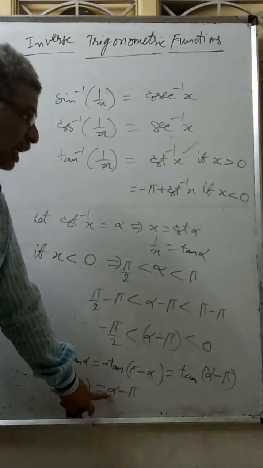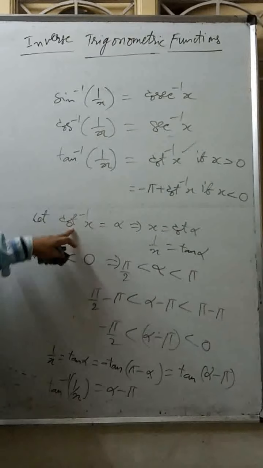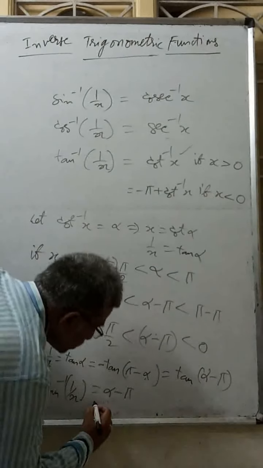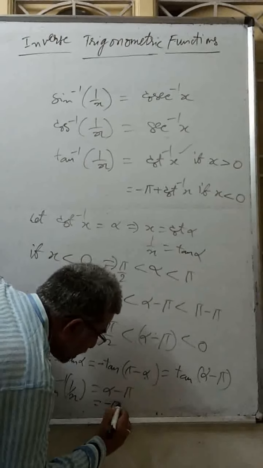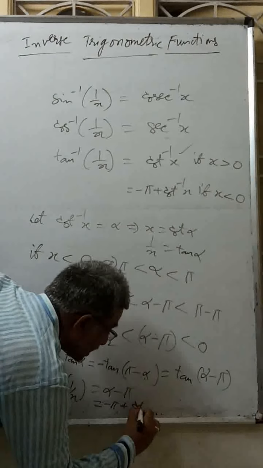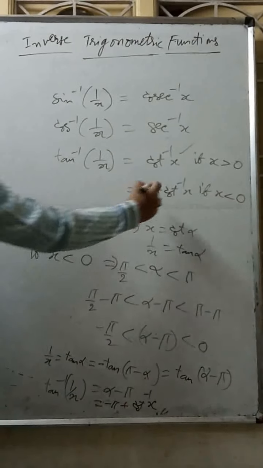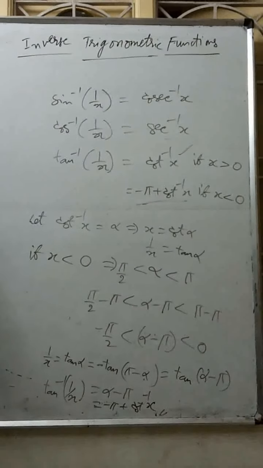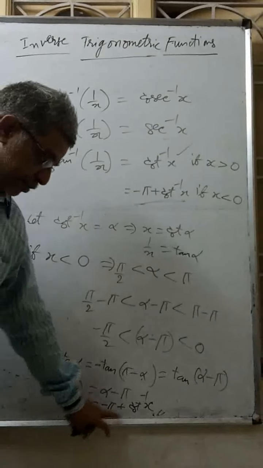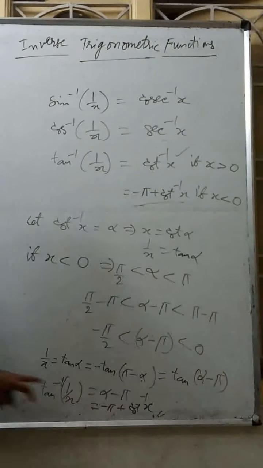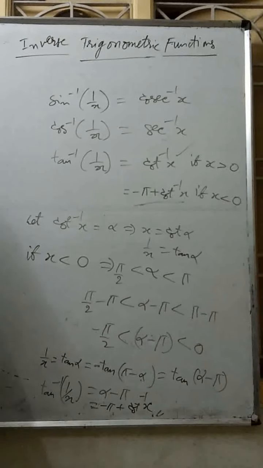Here alpha is cot inverse x, so it is cot inverse x minus pi, that is, minus pi plus cot inverse x. This is what we have to prove. If x is less than 0, tan inverse 1 by x becomes minus pi plus cot inverse x. Our cot inverse x equals pi plus tan inverse 1 by x, we can say.